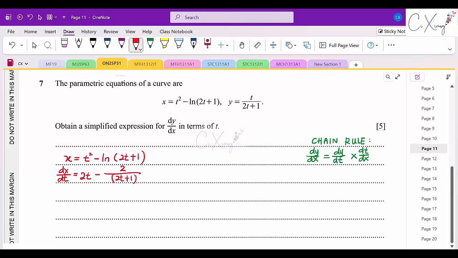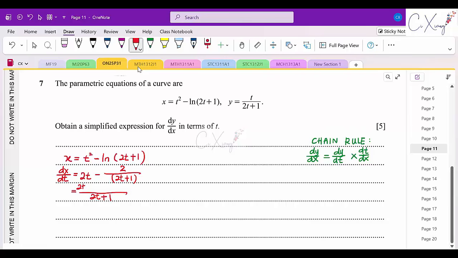Later, when I apply the chain rule, I need dt dx, which means I have to change dx dt to become dt dx. To make it more convenient later, I will first combine these two terms into a single fraction. To do that, both must have the same denominator, 2t plus 1.